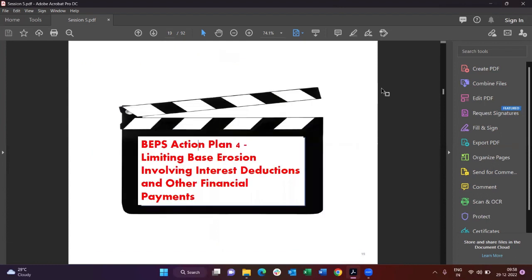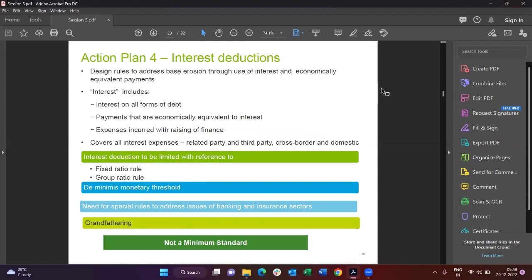Next is Action Plan 4, which is limiting base erosion involving interest deductions and other financial payments. What the OECD and BEPS considered is that a lot of MNEs are involved in a lot of interest expenses, and they are claiming a lot of deduction for those interest expenses.